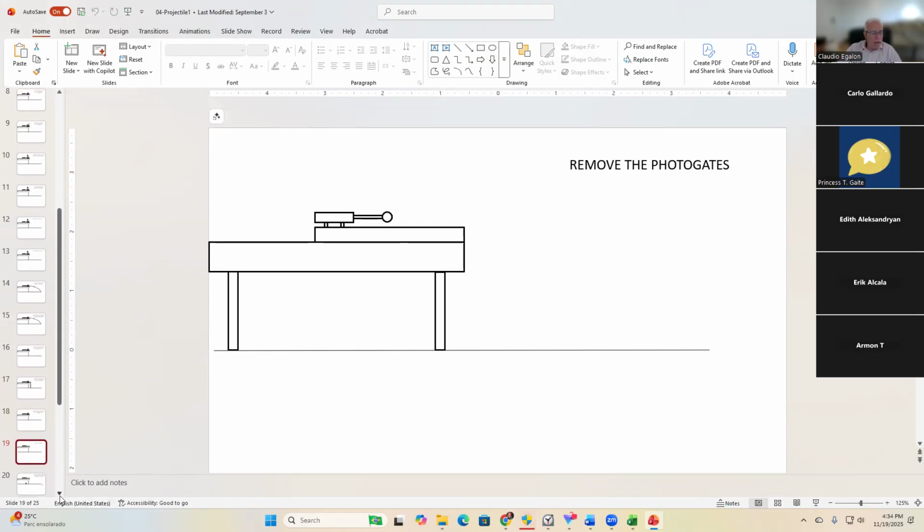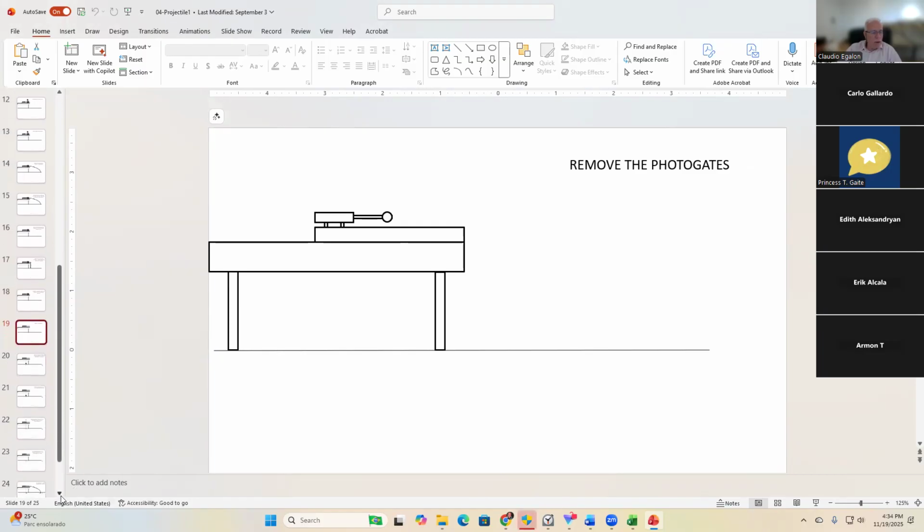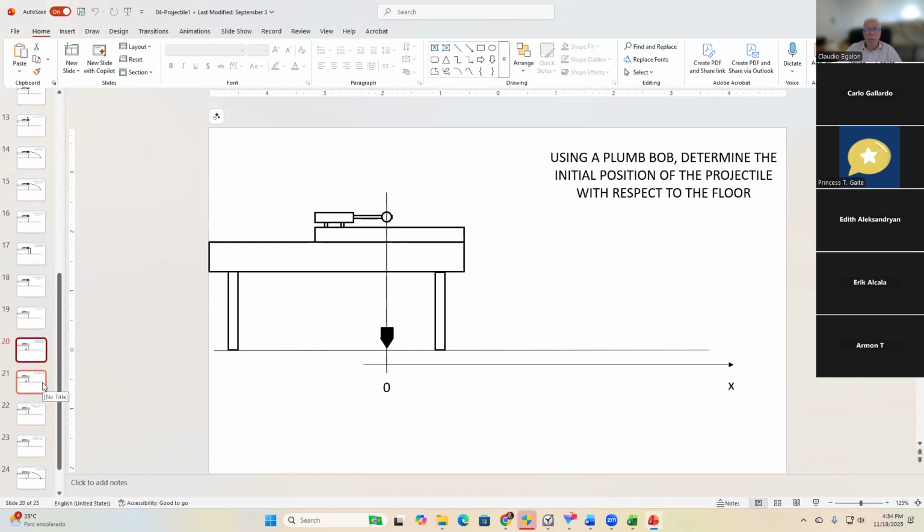I remove the photogate, and next is the plumb bob. So I pass the plumb bob next to the center of the projectile, and where the tip of the plumb bob marks the floor is the origin of your x-axis.